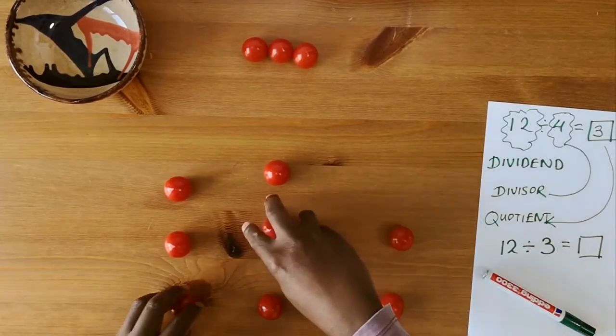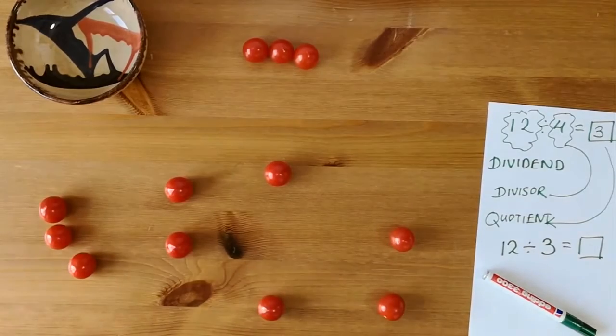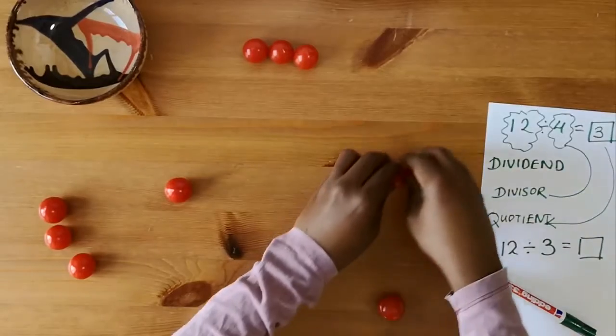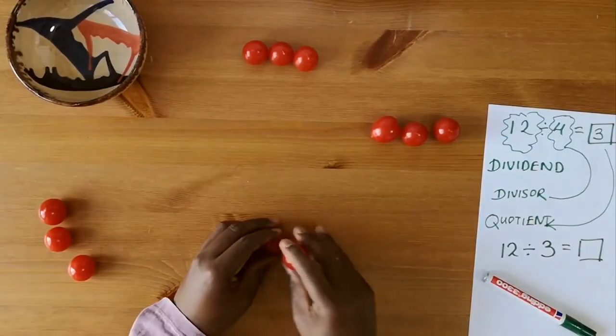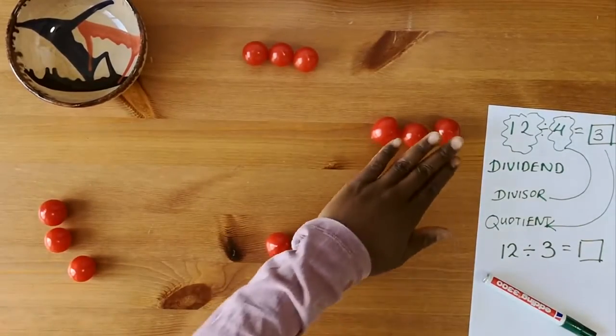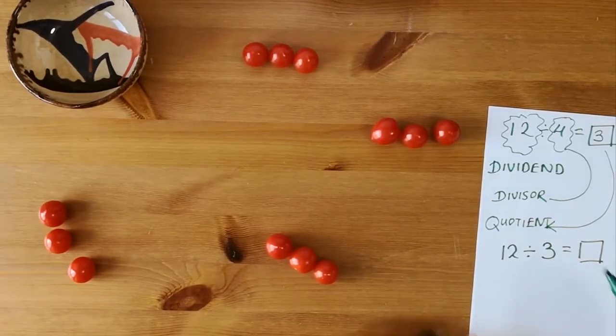These 3 over there. These 3 over here. And the last 3 over here. So how many groups of 3 do I have? 1, 2, 3, 4. So my answer is 4.